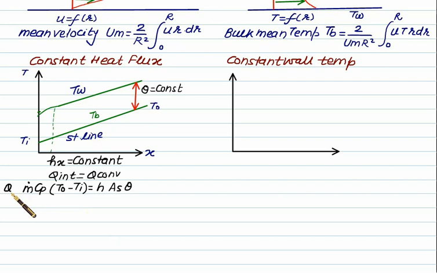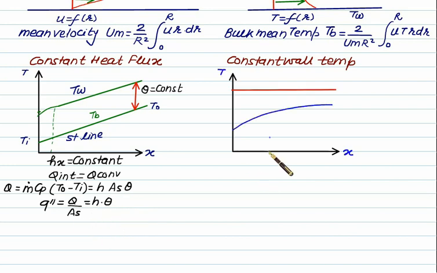This is the same as the heat transfer. So we have a heat flux, defined as Q divided by the surface area, which is always constant, that is h multiplied by theta. Since theta is constant, h is also constant.